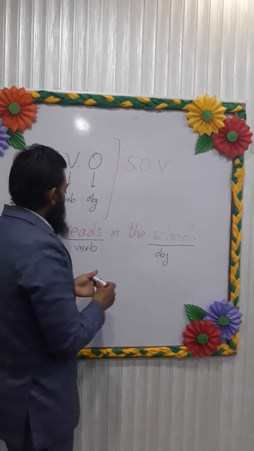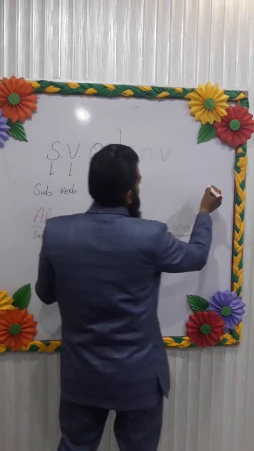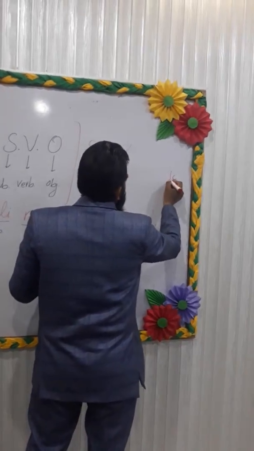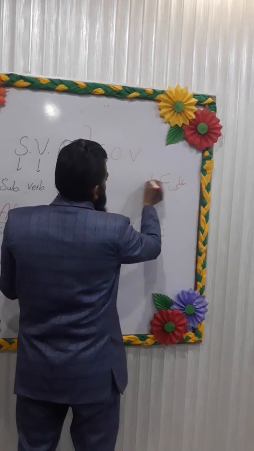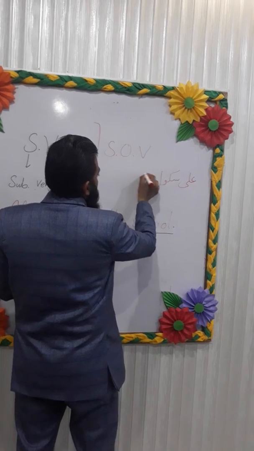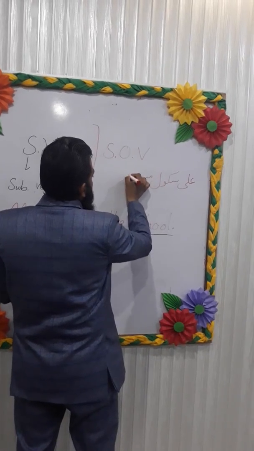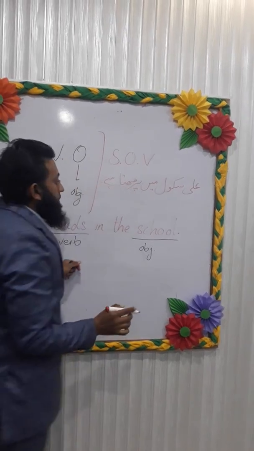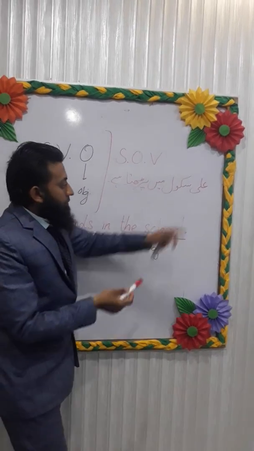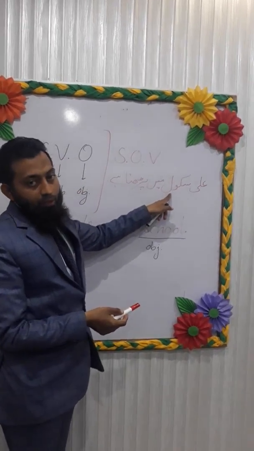For example, Ali school mein parhta hai. Here you can say that after the subject, the object is coming.